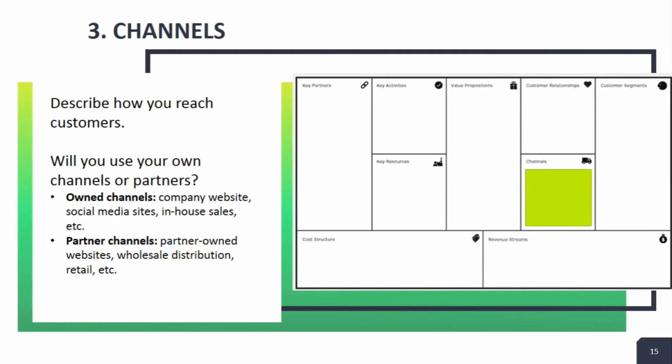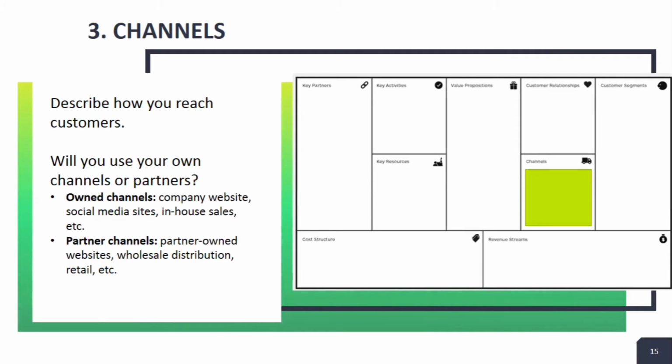Channels are the touch points that let your customers connect with your company. Channels play a role in raising awareness of your product or service among customers and delivering your value propositions to them. Channels can also be used to allow customers the avenue to buy products or services and offer post purchase support.